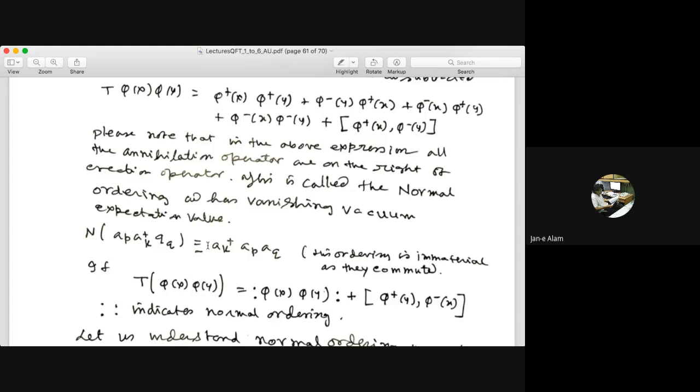In normal ordering, when you are making a change in the order of the operators, a negative sign will come, because in the case of fermions the operators anti-commute. That anti-commutation comes automatically, because unless you take the anti-commutation relations, you will see that the energy of the Dirac Hamiltonian will not be positive definite.